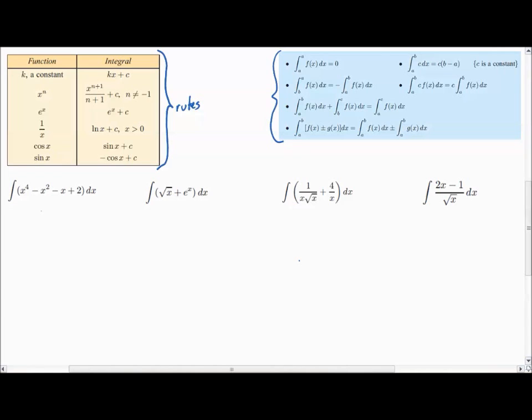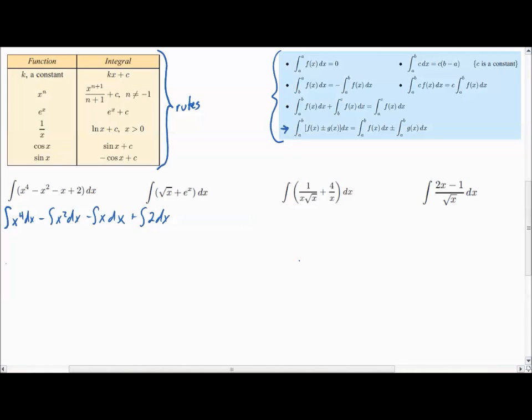So let's take each of these four and see if we can solve them. So the first one, we're going to apply the fourth property here, which allows us to take a polynomial or take functions that are separated by a plus or minus and break it up into individual pieces. So this is going to be the integral of x to the fourth dx minus the integral of x squared dx minus the integral of x dx plus the integral of 2 dx.